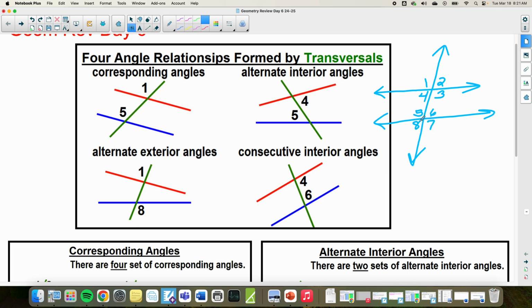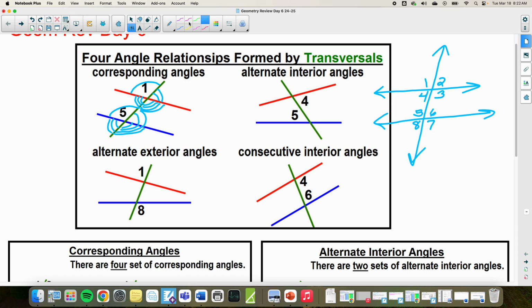Those 8 angles made special pairs of angles. Does everybody remember corresponding angles are in the same position? Like 1 and 5 are congruent, and these two would be congruent because they're in the same position, and this one and this one, and this one and that one.